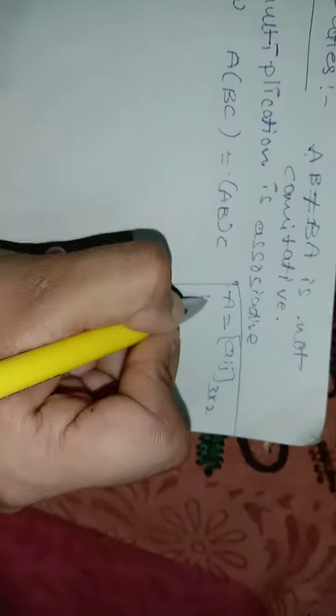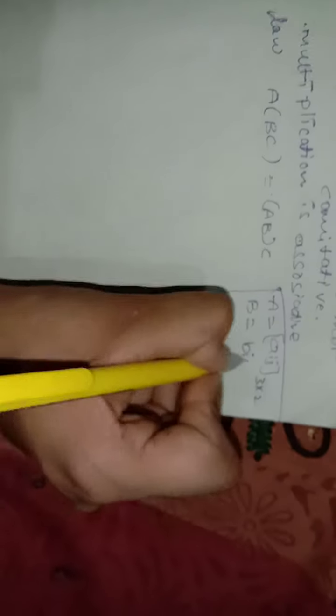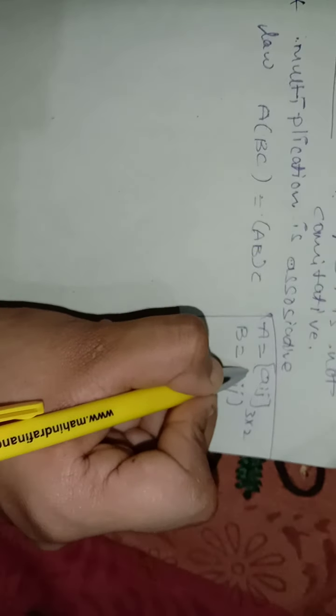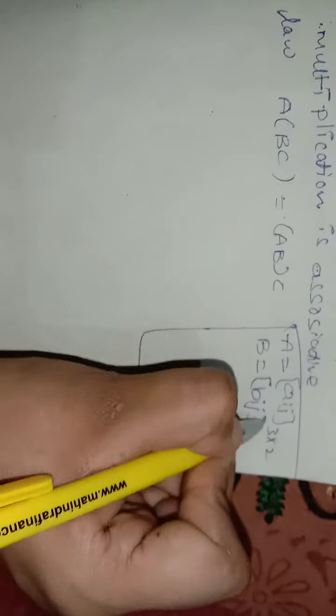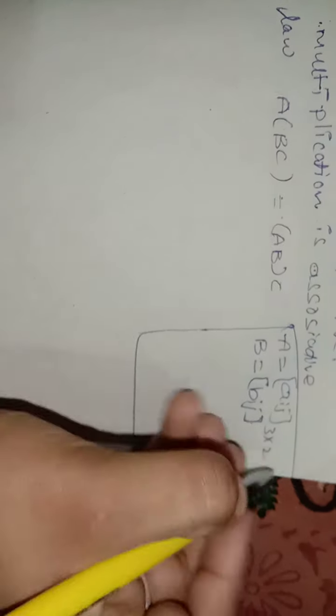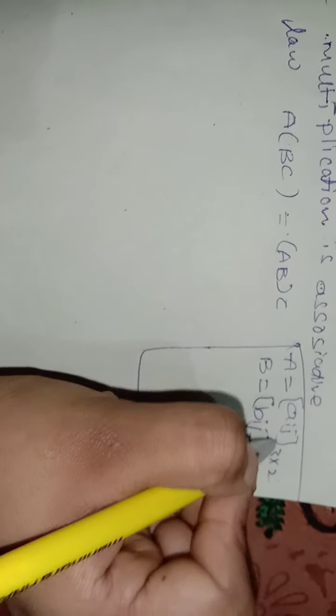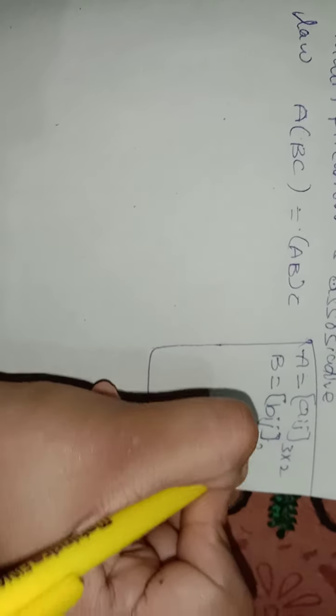Note this point. In the commutative law, if A has order 3 by 2, just assume this, then B has order 2 by 3.